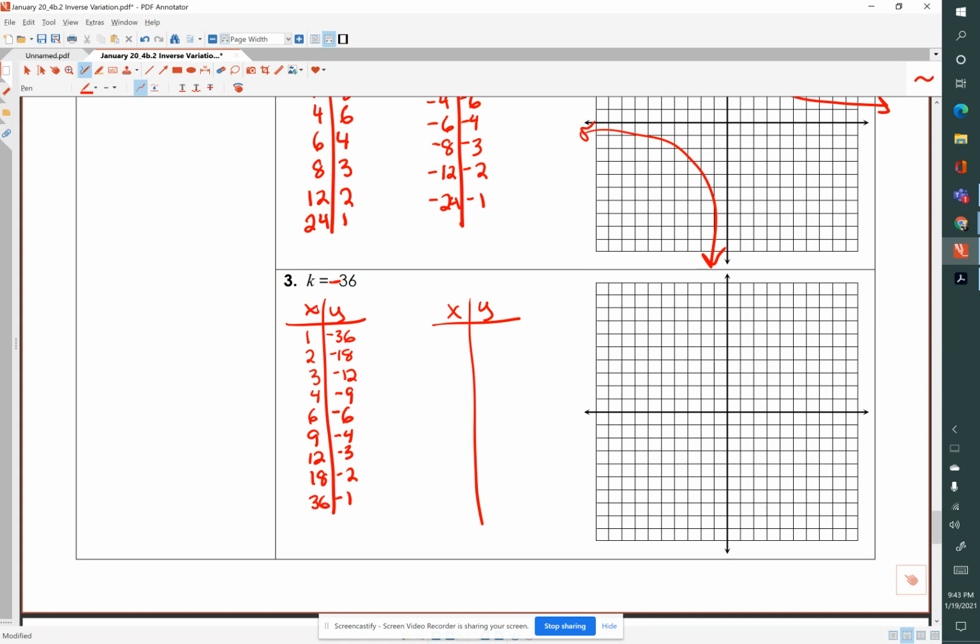Now we do the opposite on the other side. Negative 1, positive 36, negative 2, positive 18, negative 3, positive 12, negative 4, positive 9, negative 6 times 6, negative 9 times positive 4, negative 12 times positive 3, negative 18 times positive 2, and negative 36 times positive 1.